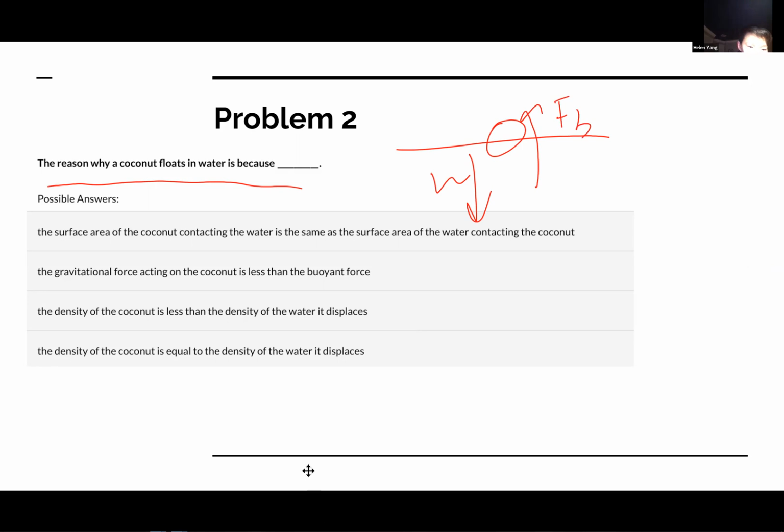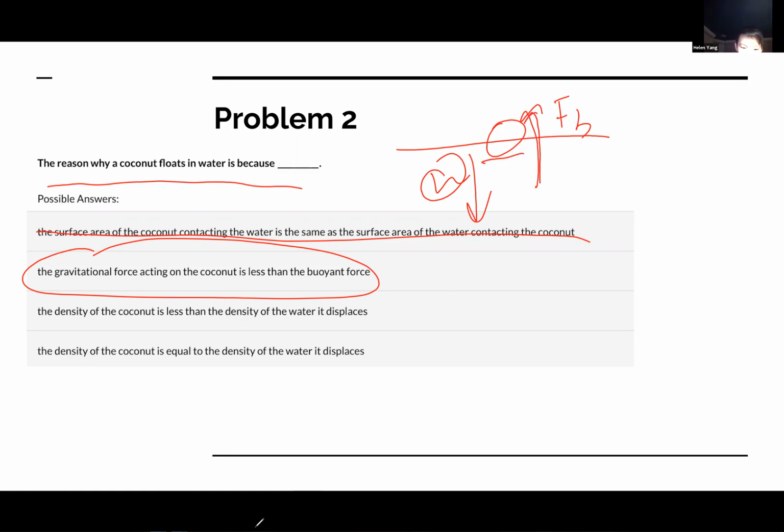So the first answer, that the surface area of the coconut contacting the water is the same as the surface area of the water contacting the coconut, is not correct. The gravitational force acting on the coconut is less than the buoyant force. That is correct. If the gravitational force is less, then the buoyant force is larger, which is keeping the coconut on top. And these other two are wrong.